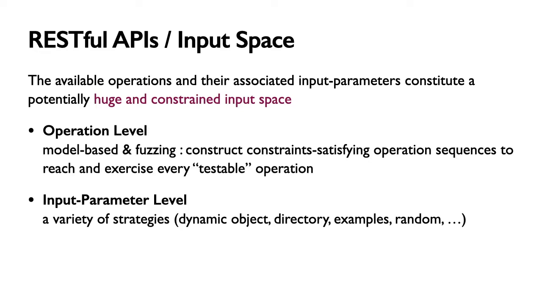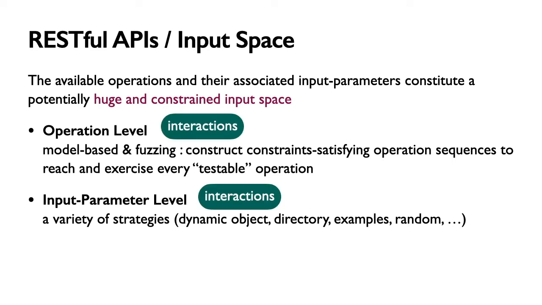In order to address the huge and constrained input space, different approaches have been proposed. For example, at the operation level, approaches like model-based testing and fuzzing are developed to construct operation sequences to reach and test every testable operation. While at the input parameter level, a variety of strategies are also available.